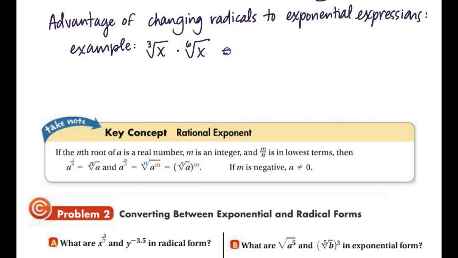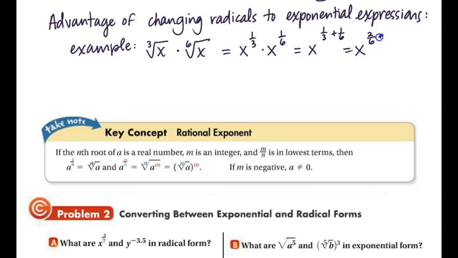But if we were to change this to exponential form, we would have x to the 1/3 times x to the 1/6. These do have the same bases, so that means if we're multiplying the same base, we can add the exponents. So that means we have x to the 1/3 plus 1/6. In order to add those fractions, we do need to have the same denominator, so I can change 1/3 into 2/6.